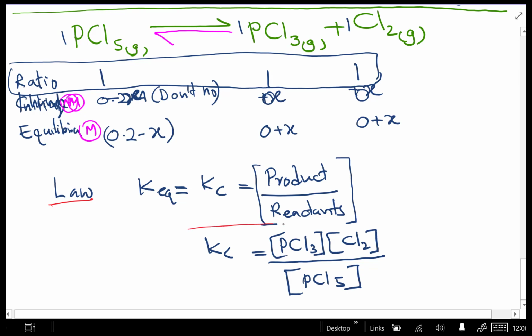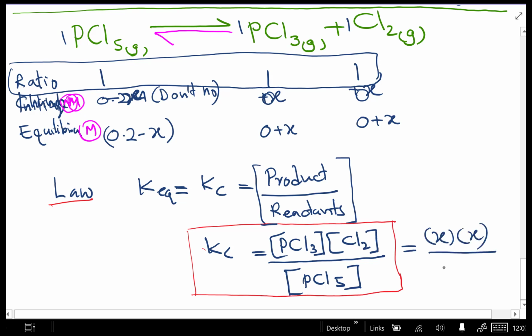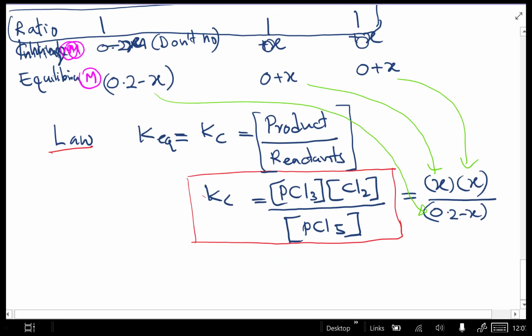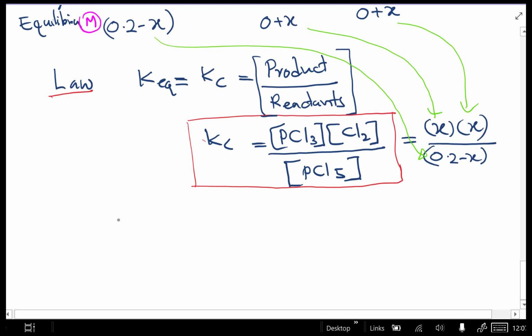The ratios are 1:1:1, so nothing changes. This is the equilibrium law, the math formula. You can also plug in the molarities, x and x divided by 0.2 minus x. Those are the equilibrium molarities, plugged into product over reactants.